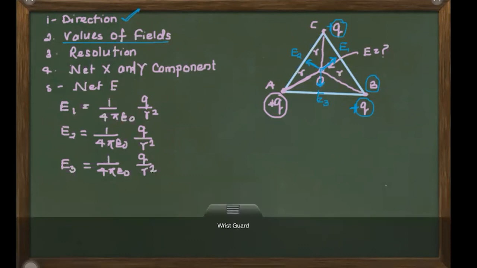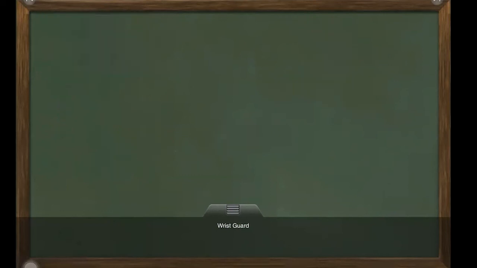You have completed this step, now we are coming on this step, resolution. And for resolution, we have to draw one axis x, one axis y, and then we have to show the direction of fields here.